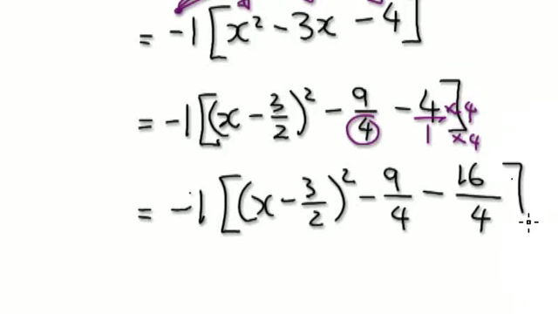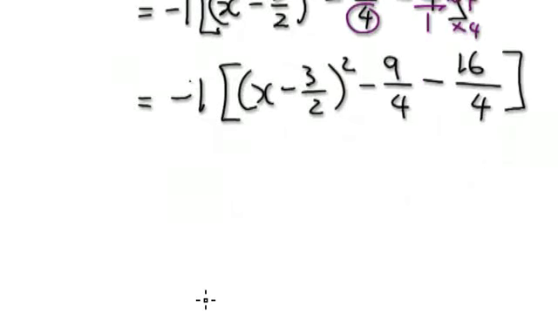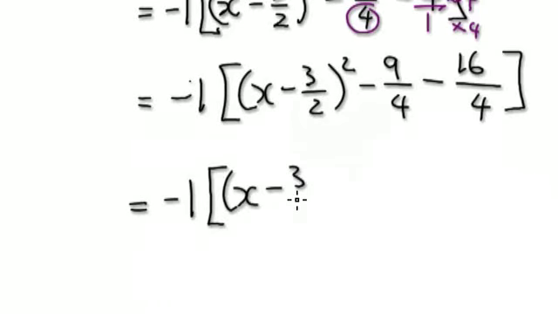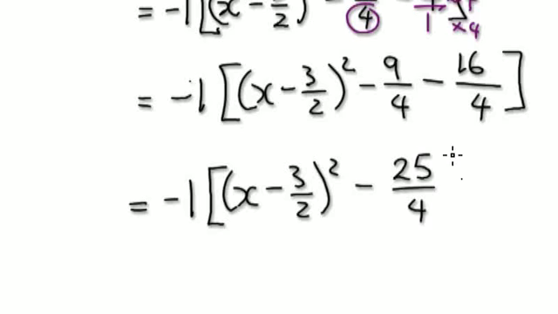Then close this off. Let me just jot this down first: x minus 3 over 2 squared. Now minus 9 minus 16, that will be minus 25 over 4.